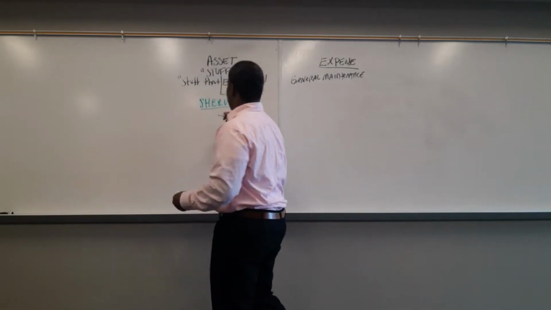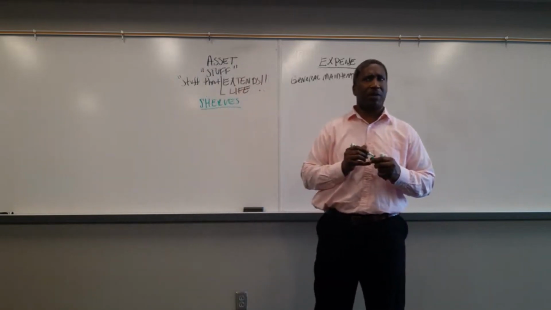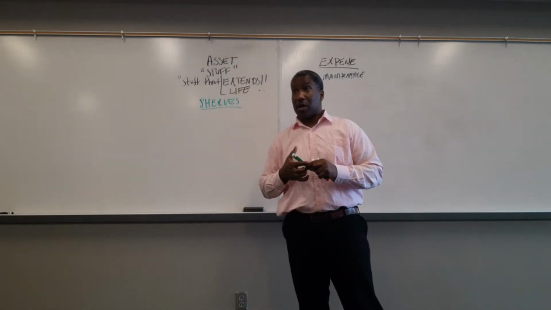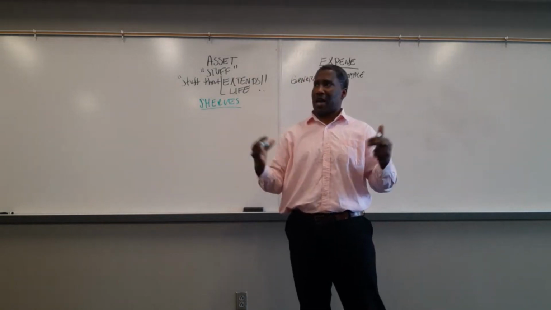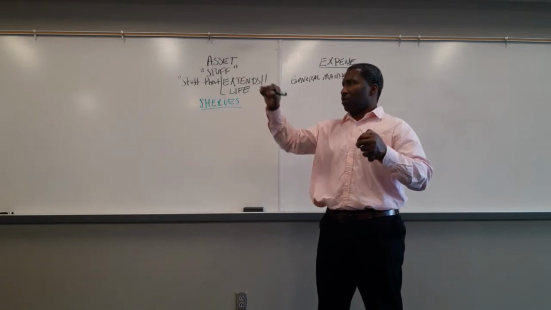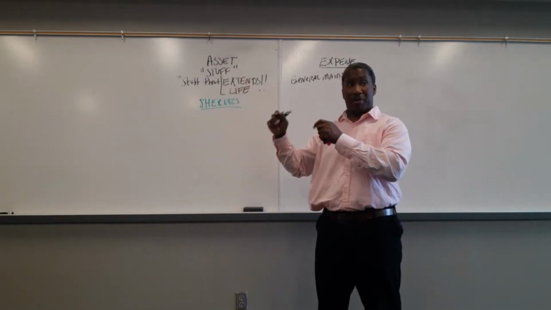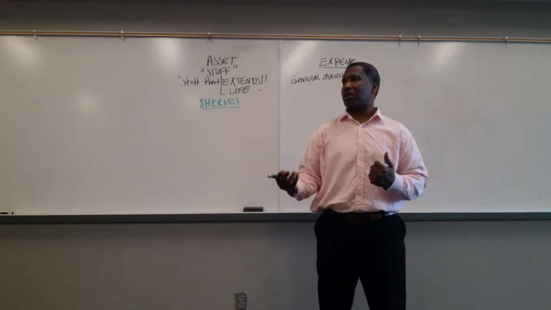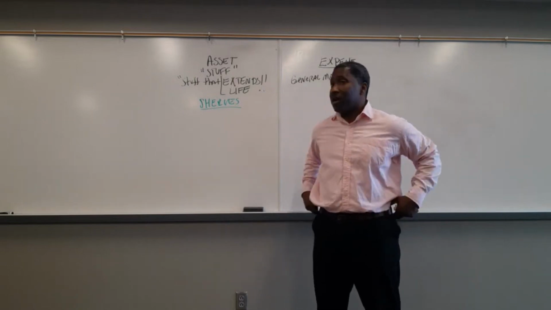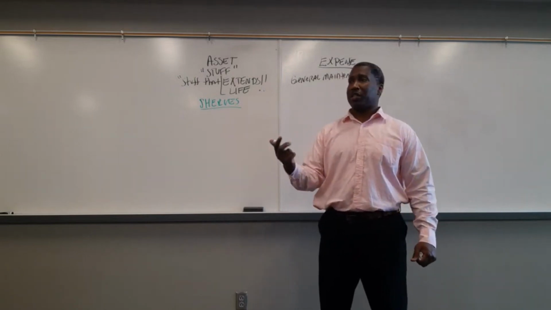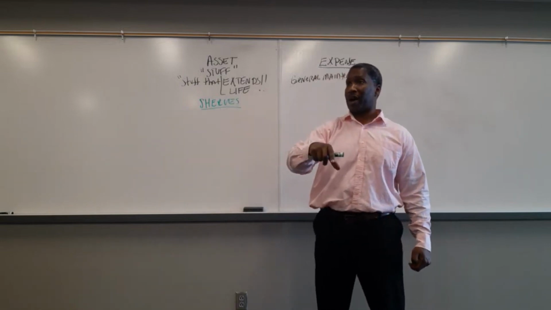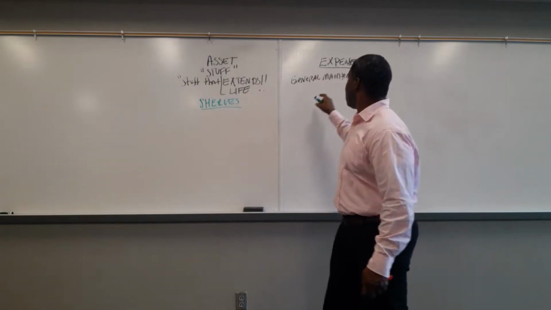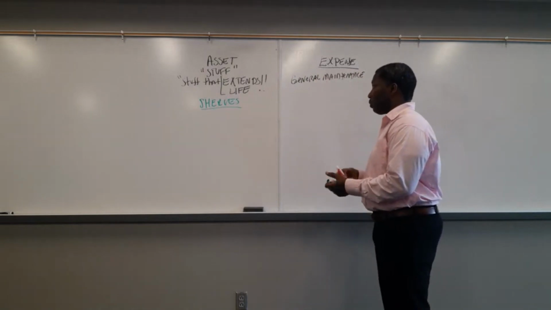Because, and I use that term loosely, extend the life, but think about it. If your Amazon truck doesn't have shelves, how are you going to do the deliveries? You have to organize that stuff in a certain way, and be able to get to it efficiently to make all your routes and stuff. So that is imperative and important that you have that. So the shelves are extending the life of the truck for what you're using it for, right? The other one has to do with general maintenance, just a regular oil change, okay?